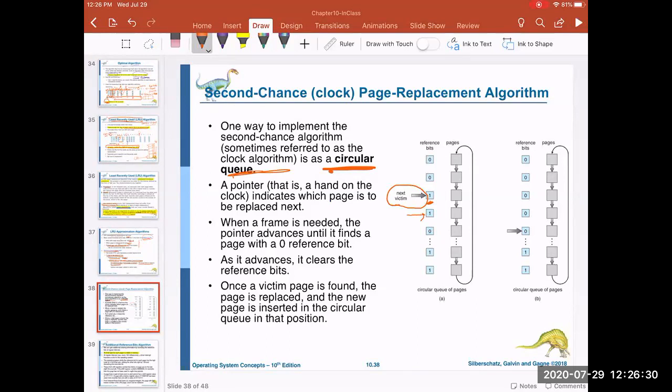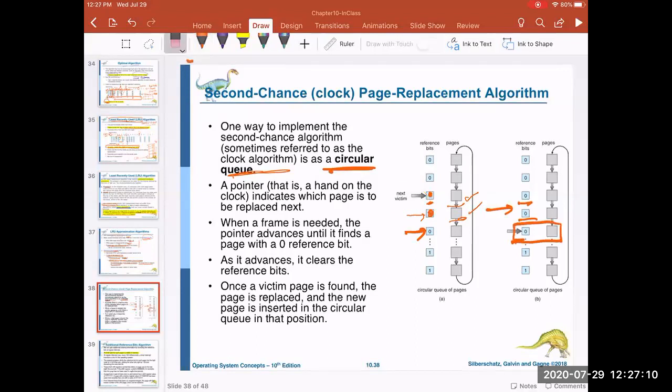Again this is 1, so this page is also given a second chance. Both are set to 0 and the pointer moves on. Whenever a reference bit found is 0, that page would be our new victim.